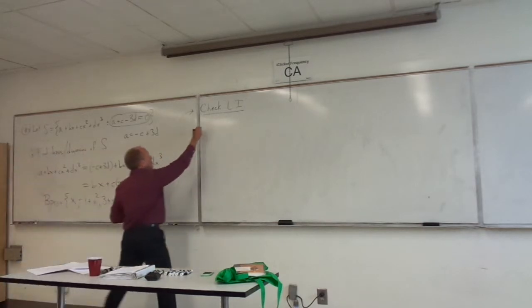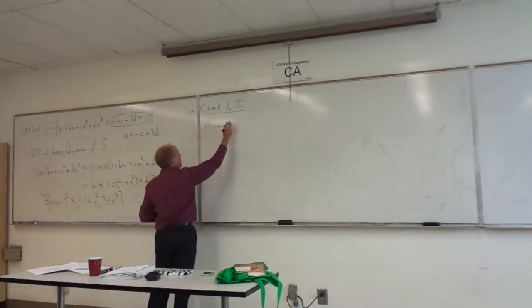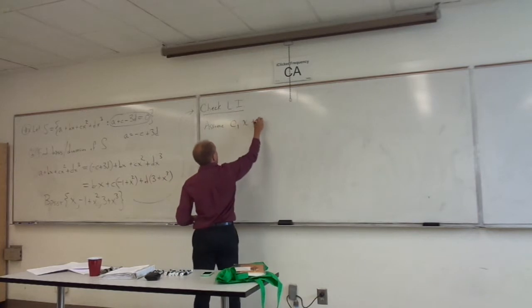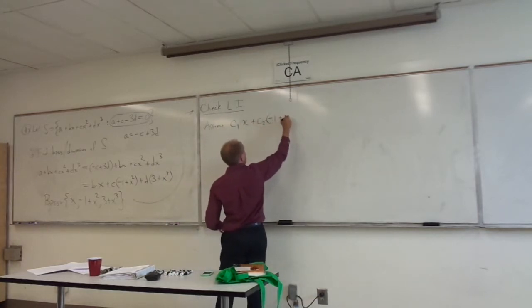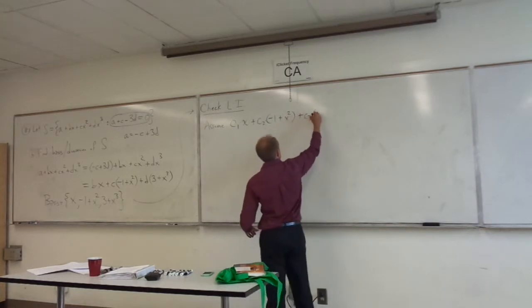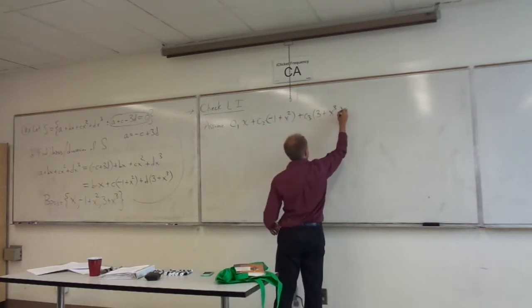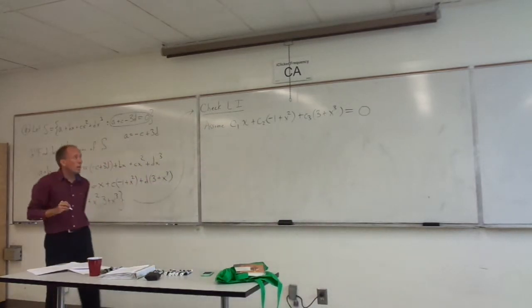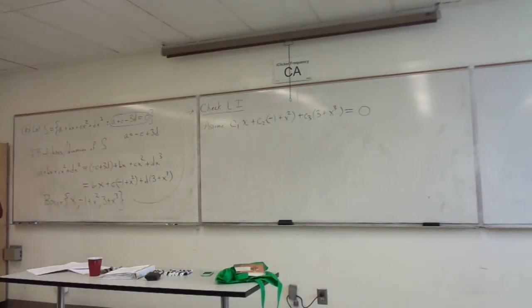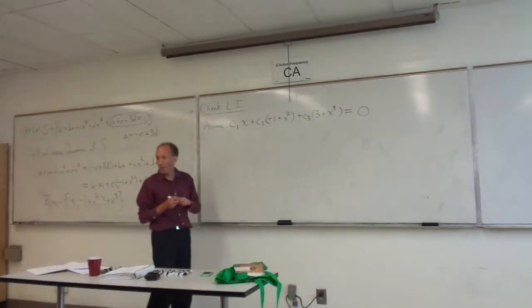So if we assume that c1 times x plus c2 times negative 1 plus x squared plus c3 times 3 plus x cubed equals 0, then what am I trying to show? That they're linearly independent, but now what am I trying to show in the context of how I started it off? c1, c2, c3, all constants are 0, right? That's what I want to show.